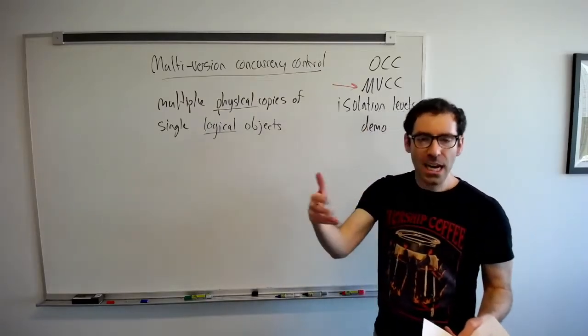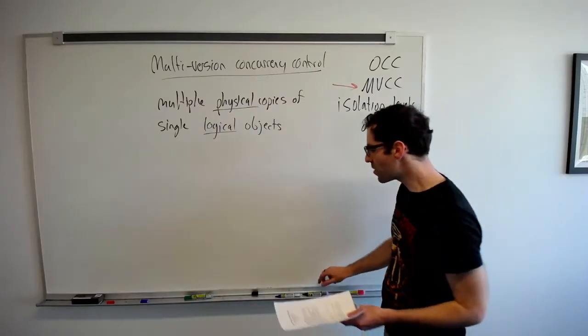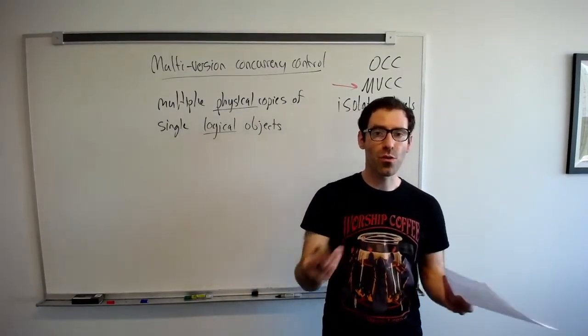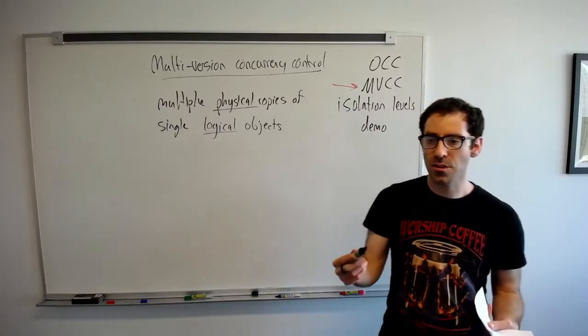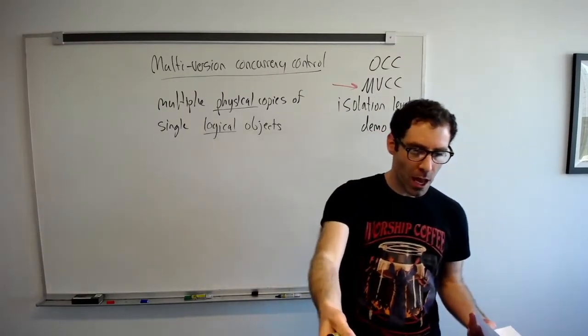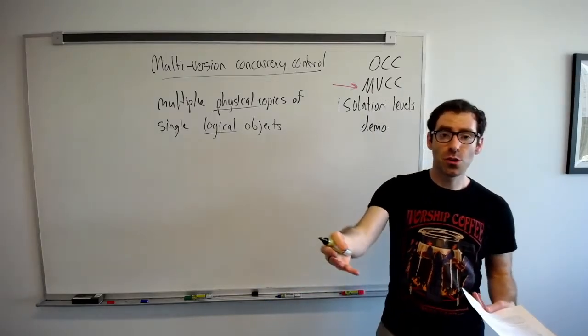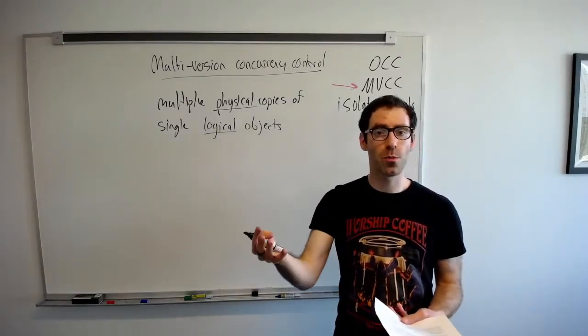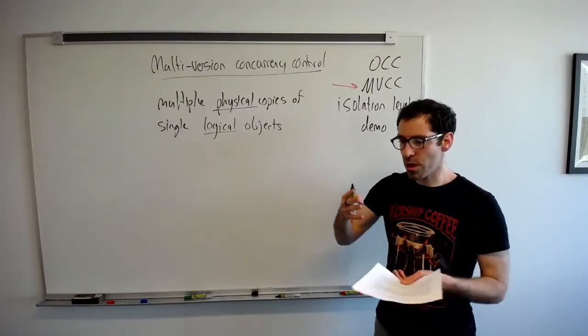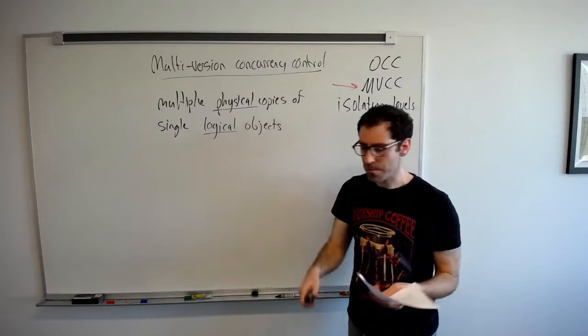By maintaining these multiple physical copies, we no longer have to worry about read-write conflicts, because if there are multiple versions, then an update can introduce a new version, while reads could potentially read older versions, and thus be consistent with some serial schedule.